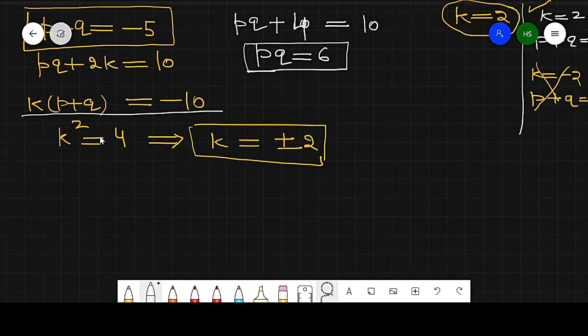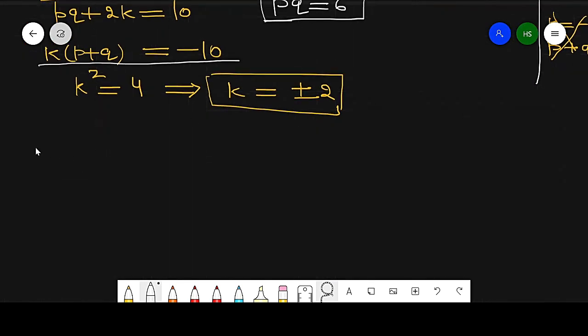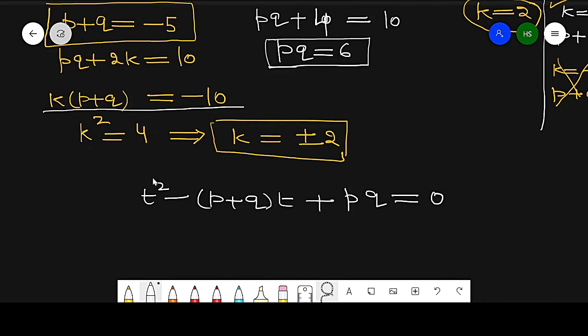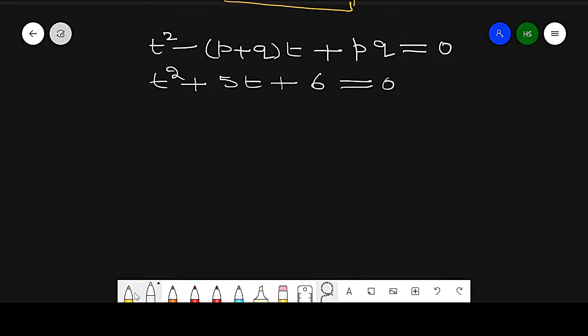Now to find the values of p and q, I construct an equation t square minus (p plus q) t plus pq, whose roots are p and q. With p plus q equal to minus 5 and pq equal to 6, this is t square plus 5t plus 6 equal to 0. That is our quadratic equation whose roots are p and q.